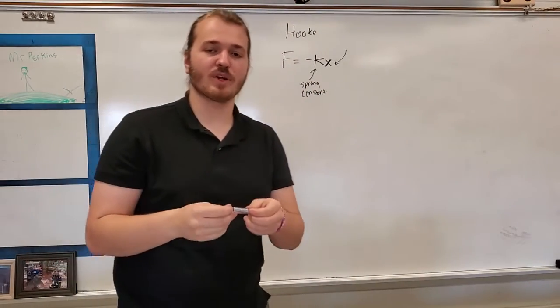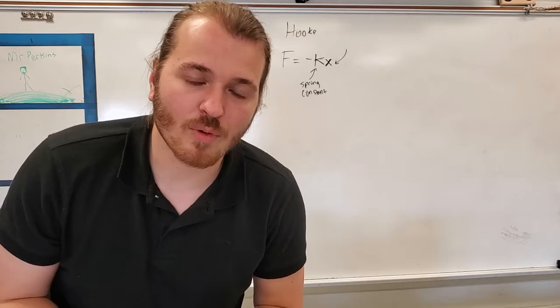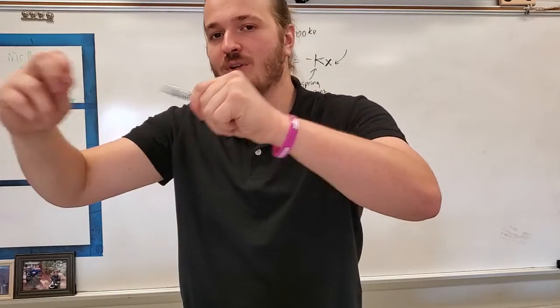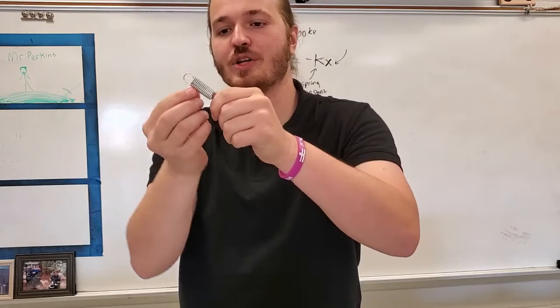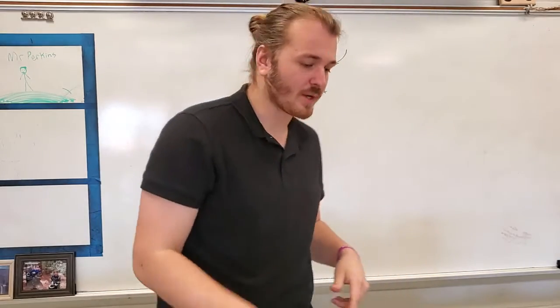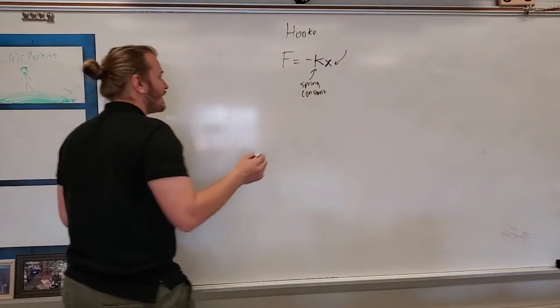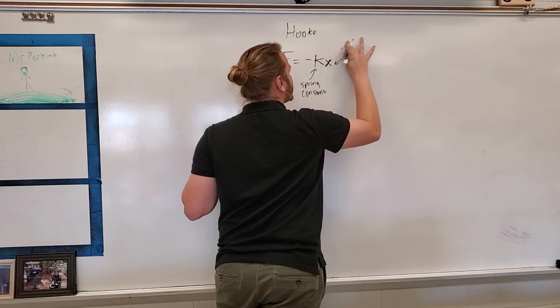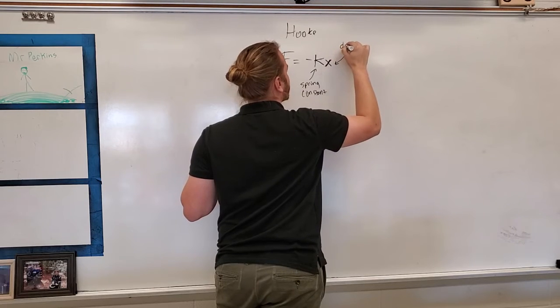Both times, the spring wants to move opposite of whatever direction of force I'm applying to it. So I pull it out, it wants to shoot back in. But if I push it in, it wants to shoot back out. Those are the properties of a spring, and we'll call this displacement.